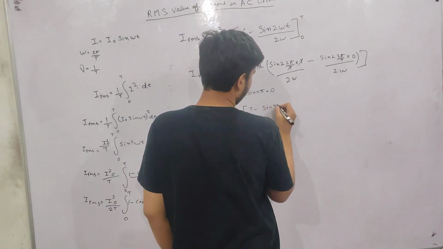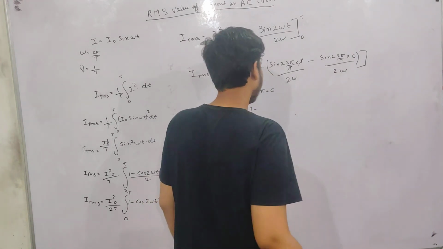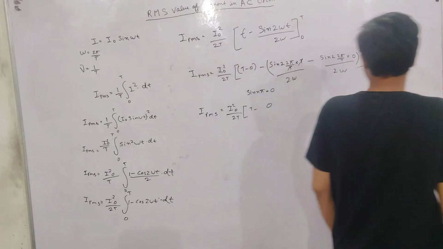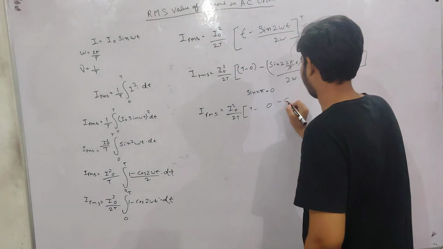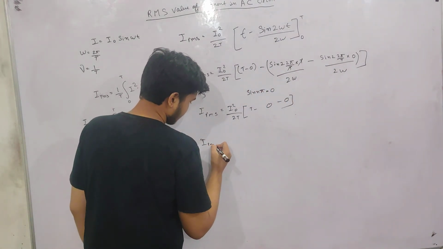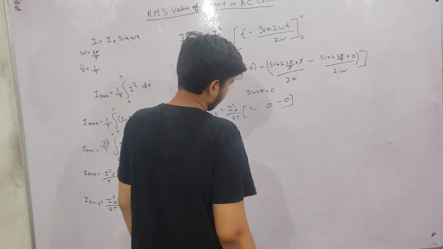Sin 4 pi equals 0, so the value of sin 4 pi also becomes 0, so that term is 0. I RMS equals I naught square by 2T.